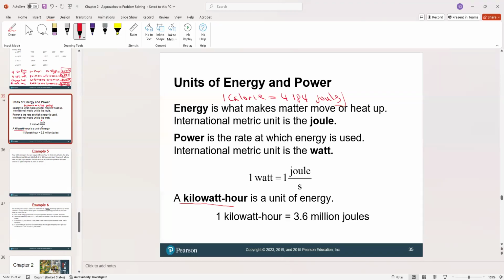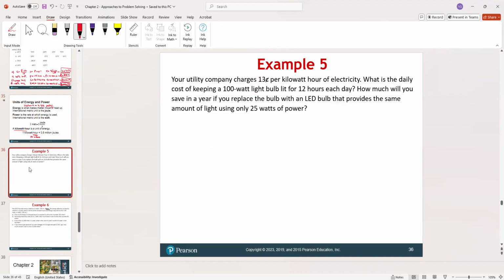So that's why 1 kilowatt hour is 1,000 joules per second times 1 hour. Remember how many seconds is 1 hour again? Yes, 3,600. Then if you multiply it with 1,000, it gives you 3,600,000, or 3.6 million joules.